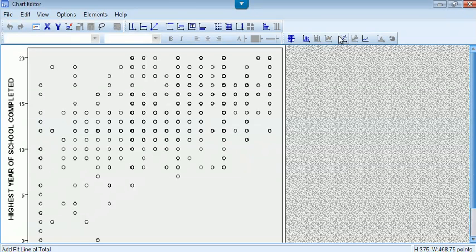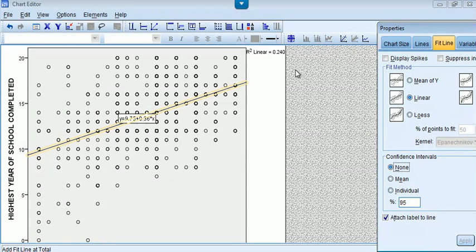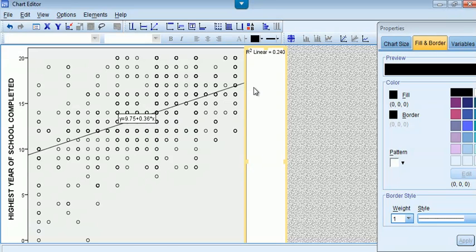They give you a goofy way in order to fit the line, and I'm not sure why they do that. If you want to fit the best line that would go through these dots, all you have to do is come up here on the toolbar and you'll see add fit line at total. That's all you have to click. And you'll see very quickly a line pops up, and that's what goes through.